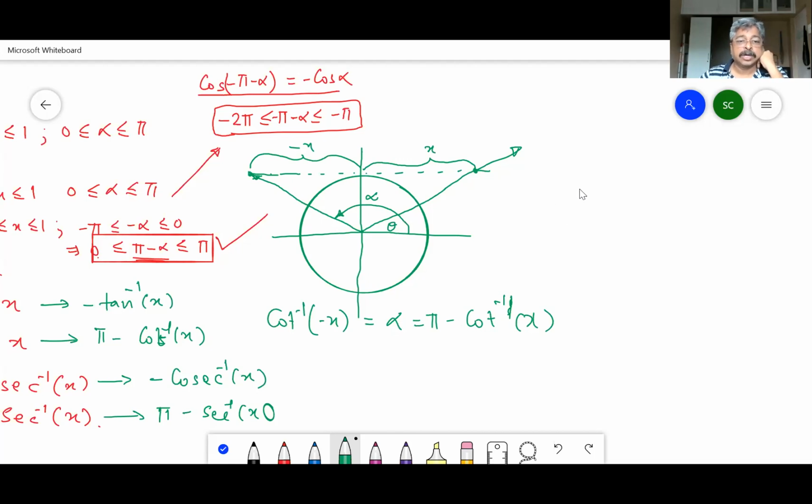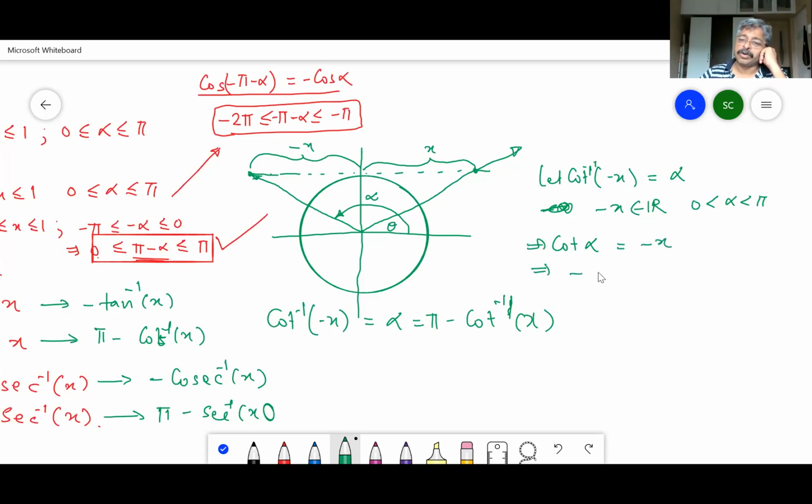Now let us do algebraic. Let cot inverse of opposite of x be equal to alpha. So where will opposite of x be? Minus x belongs to R, and alpha is in the open interval, strict inequality, 0 to pi. This is the domain and range consideration. So cot of alpha is equal to opposite of x.